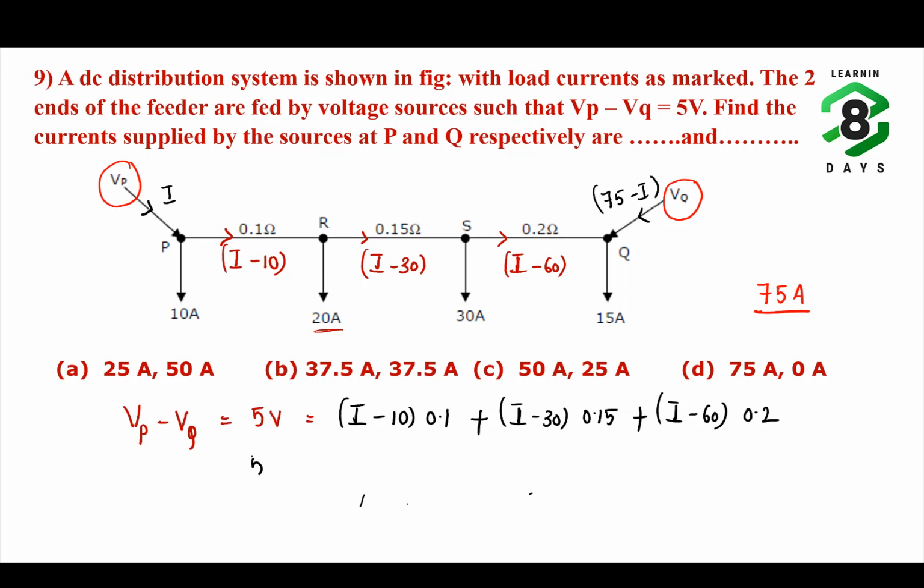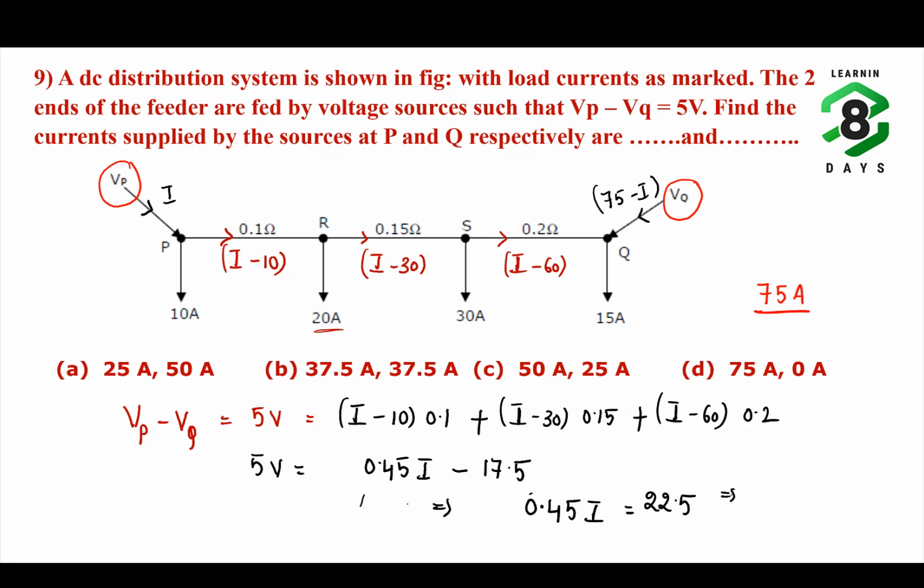Okay, so if you simplify this, 5 volt is equals to 0.45 I minus 17.5, which implies 0.45 I is equals to 22.5.